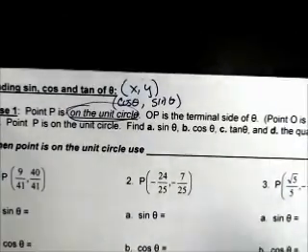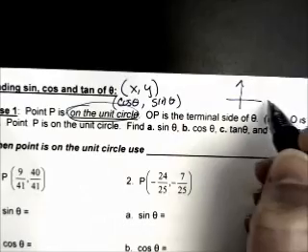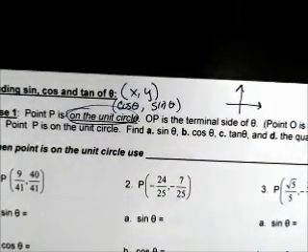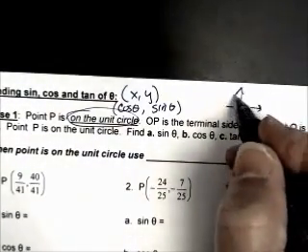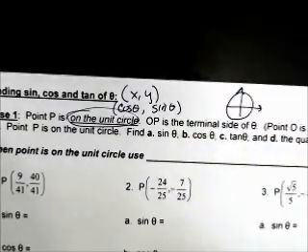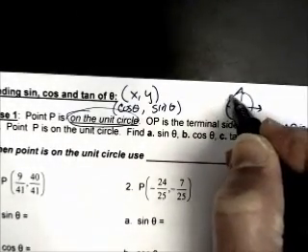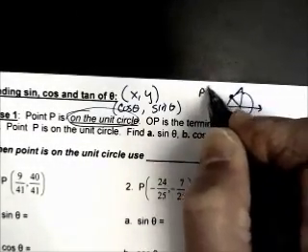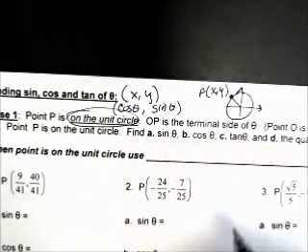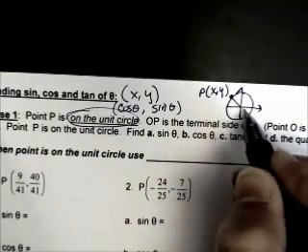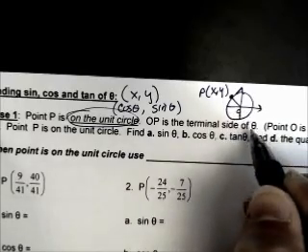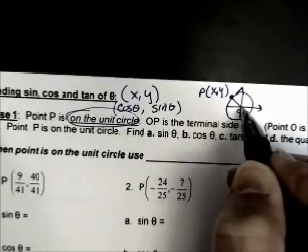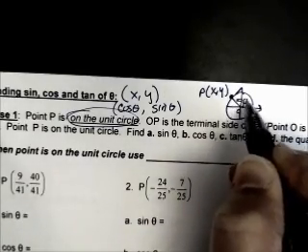So what do we have here? OP is the terminal side of the angle. Let's say it's here. Here's point P having coordinates x, y. It's on the unit circle. Here's the initial side of our angle. Here's our angle theta.